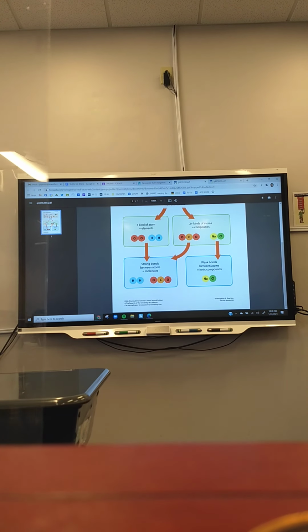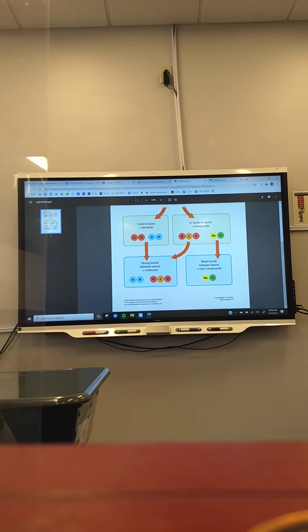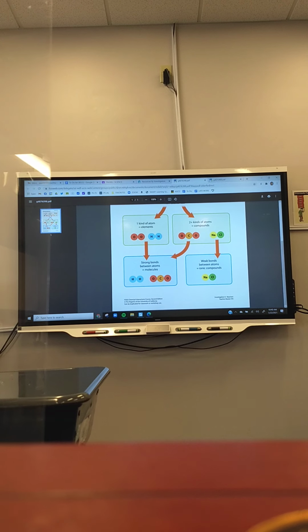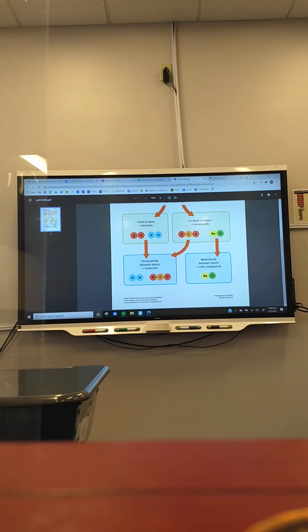Now, some people, when they draw them or put them together as a representation of what's happening at a microscopic level, will draw them like this. Here's an H, here's an H, here's an O, and then they connect them with little lines. That's the way I've learned it, and I think most of the time that's the way our textbook is going to show it.